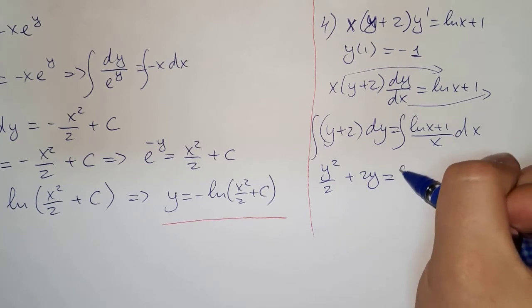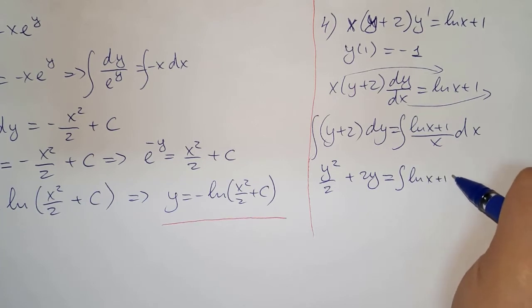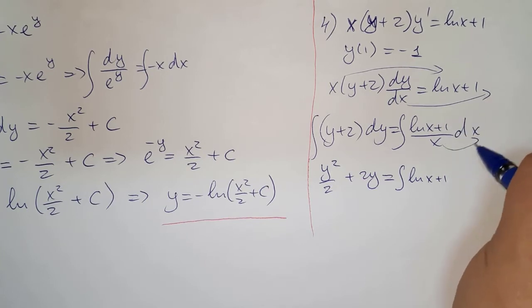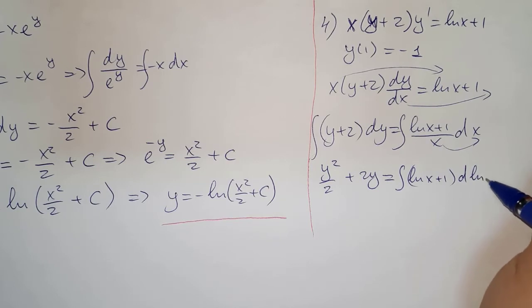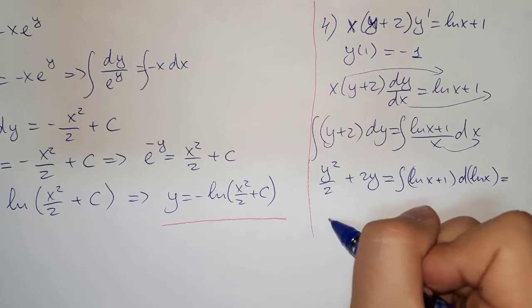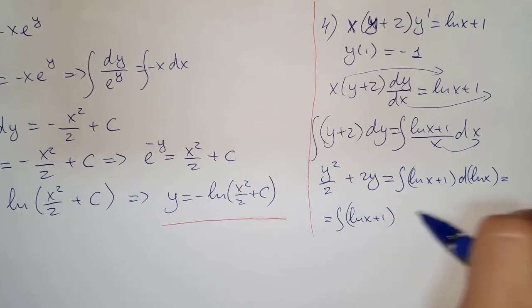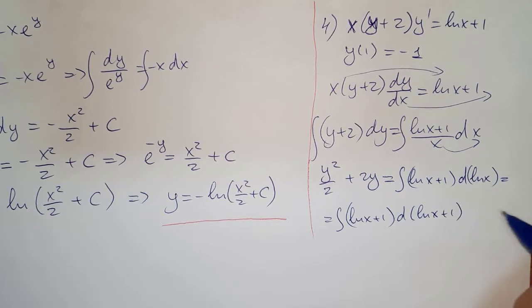We can write this integral as natural logarithm of x plus 1, with this 1 over x in the differential being d natural logarithm of x. We can continue and write, instead of d natural logarithm of x, d natural logarithm of x plus 1 also.